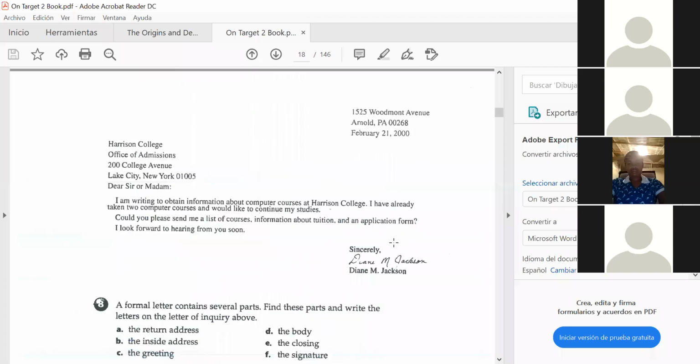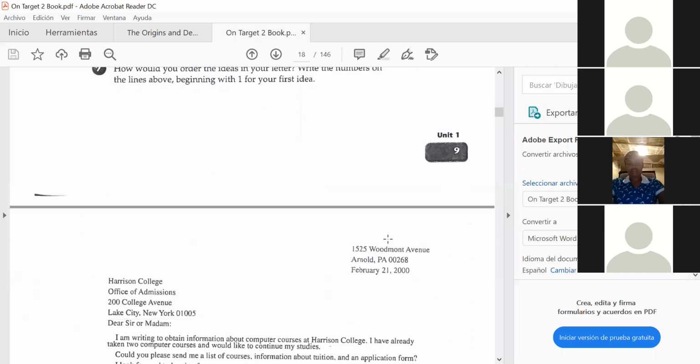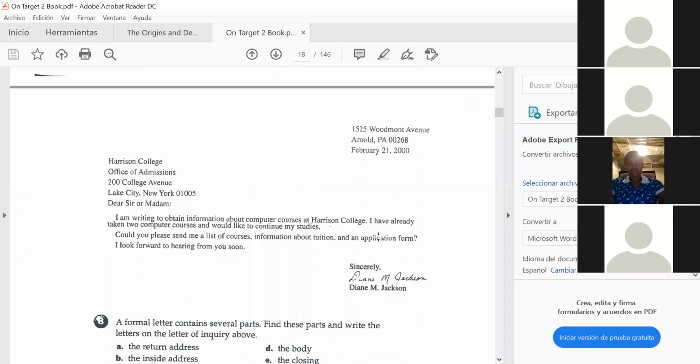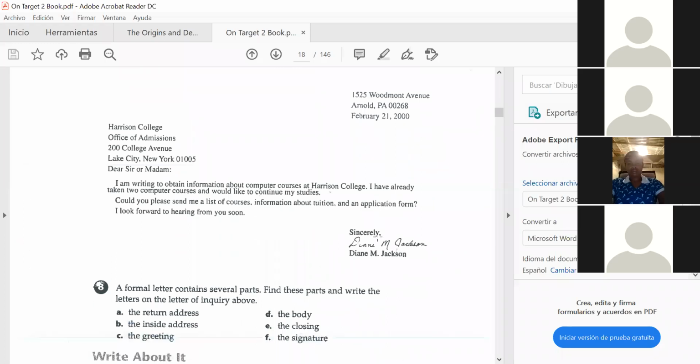Now, nowadays, when we create letters, we actually don't put the address, because if it is not a letter that you're gonna send to another country, you don't put that, okay? Because now we have email, we have Word.